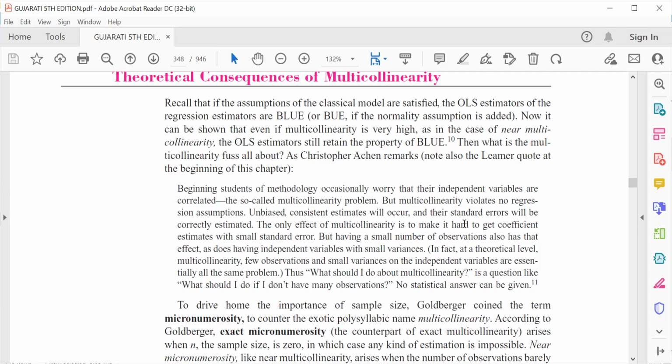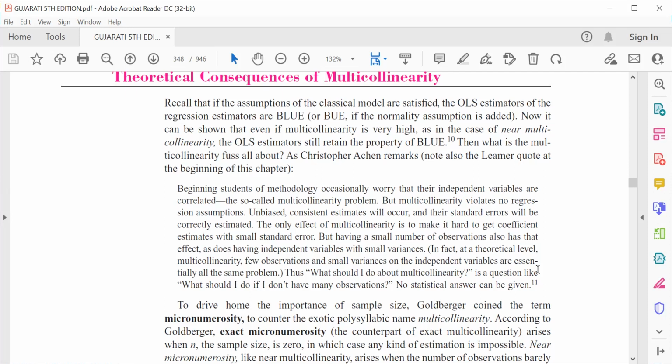Having a small number of observations also has the same effect, as does having independent variables with small variances. In fact, at the theoretical level, multicollinearity, few observations and small variances on independent variables are essentially all the same problem.